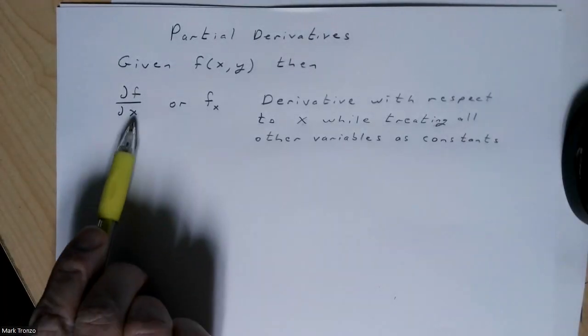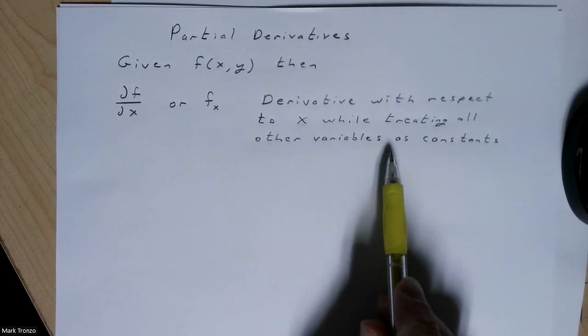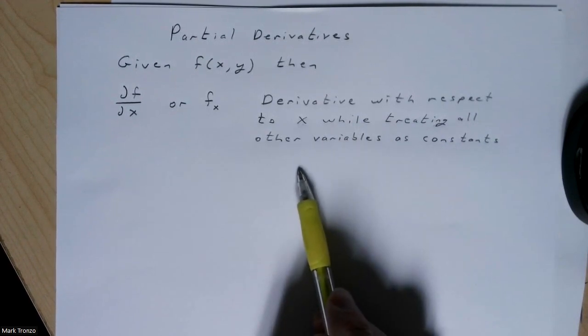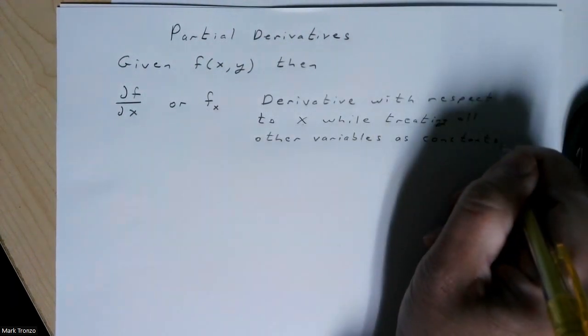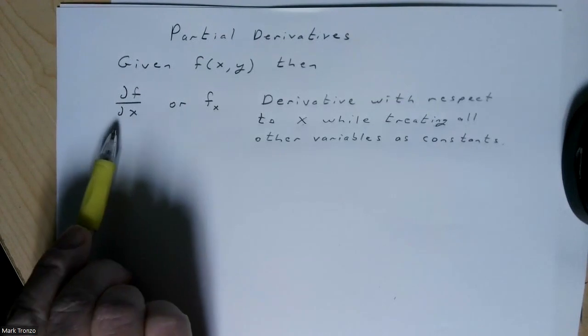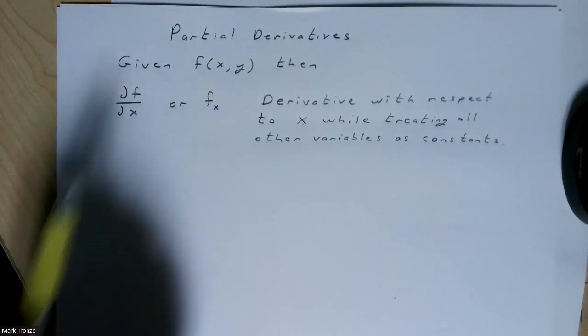This means the derivative with respect to x while treating all other variables in the equation as constants. Again, it can be df dx or f with a small subscript of x.